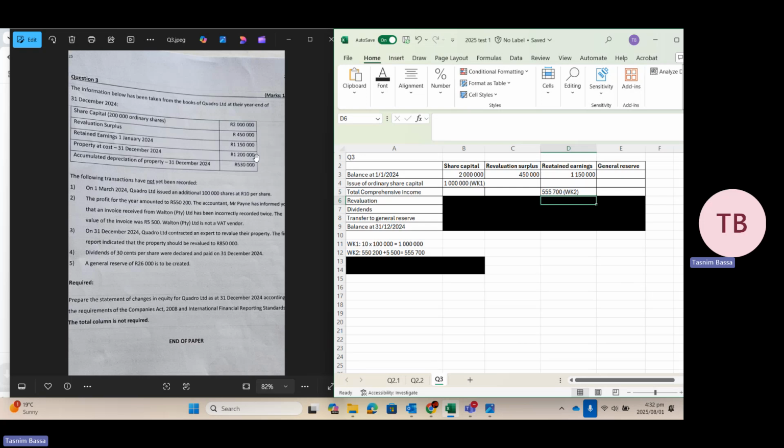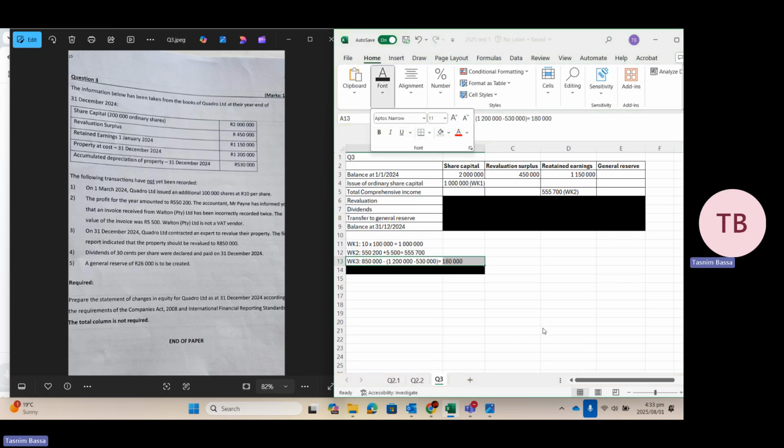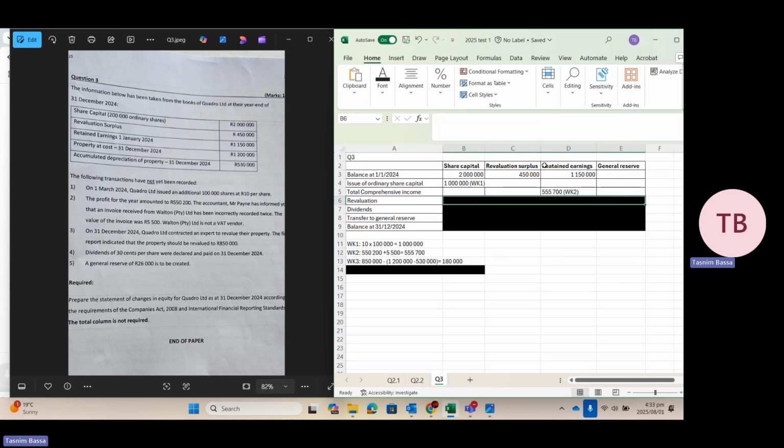So we are carrying the property at 670,000, but it's actually worth 850,000. So we need to revalue this property. When you do the calculation, you'll see that your revaluation is 180,000. So it's 850 minus the carrying amount of 670. That gives you 180,000, and we can put that in line with the revaluation, and it goes in the reval surplus column.